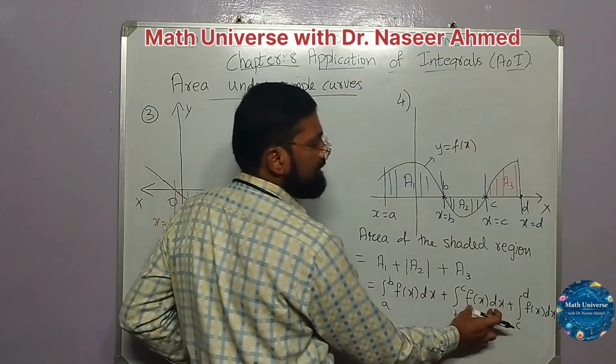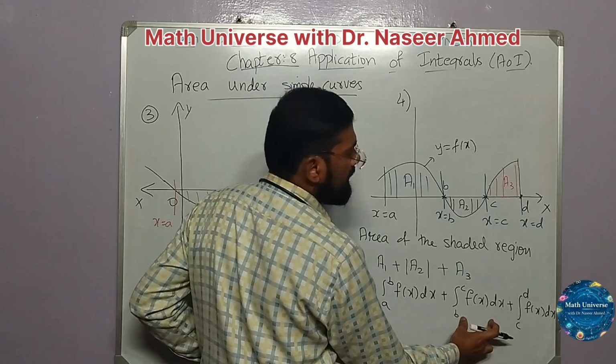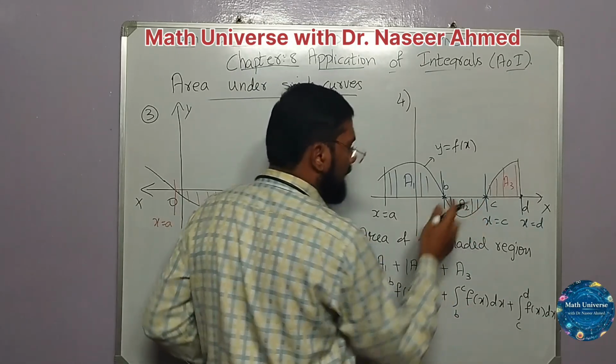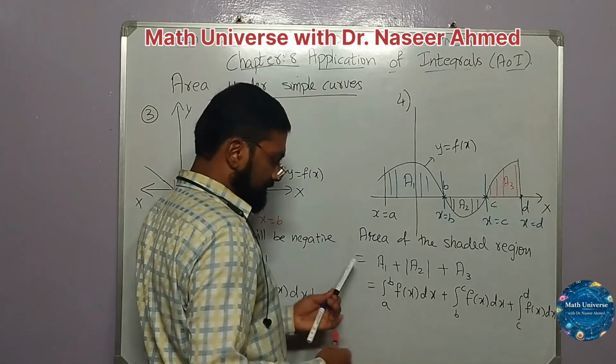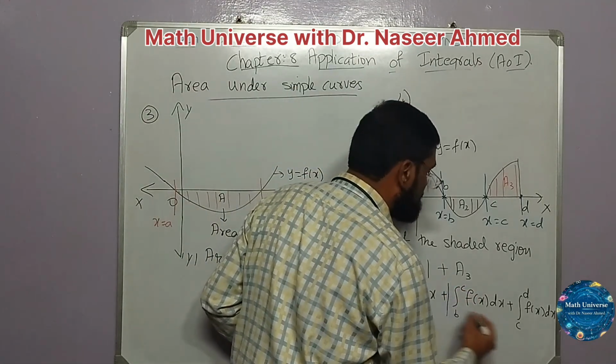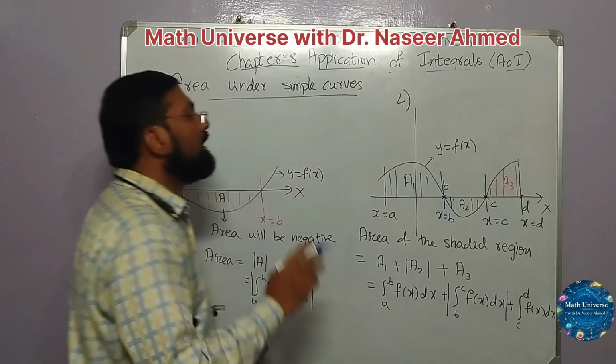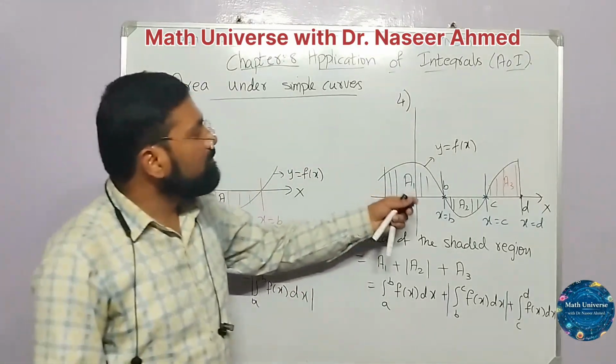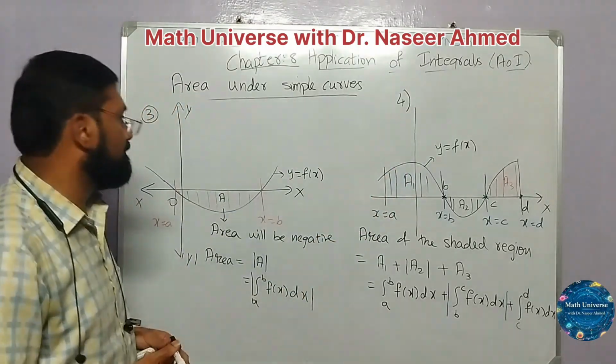And since this particular definite integral is pointing to the area below the x-axis, surely what should I give? I should give a modulus. So this is how you are going to take the problem when it is bounded both below and above the x-axis.